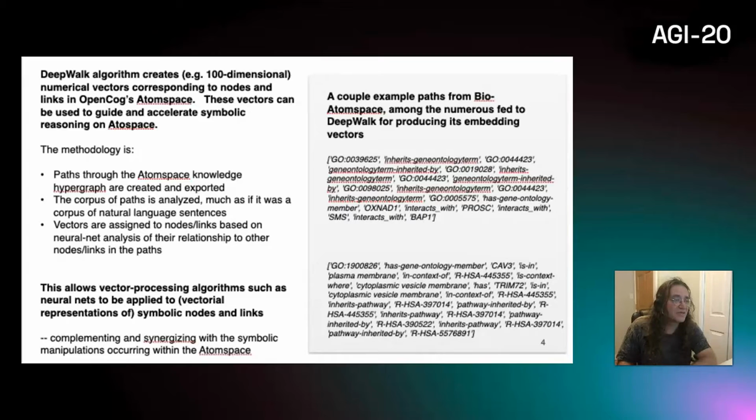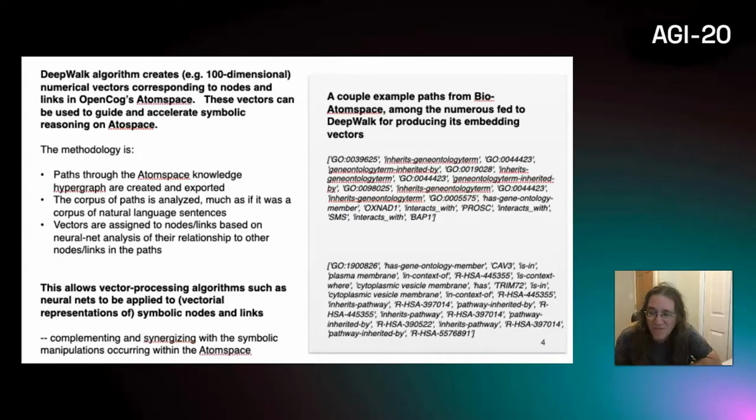Then something like OXNAD1 is a gene name you can see there. Then there are some predicates, like a gene ontology term is logically inherited from something, or interacts with, which says two genes or proteins interact with each other. Whatever is in the bioatom space, you can put into a path.